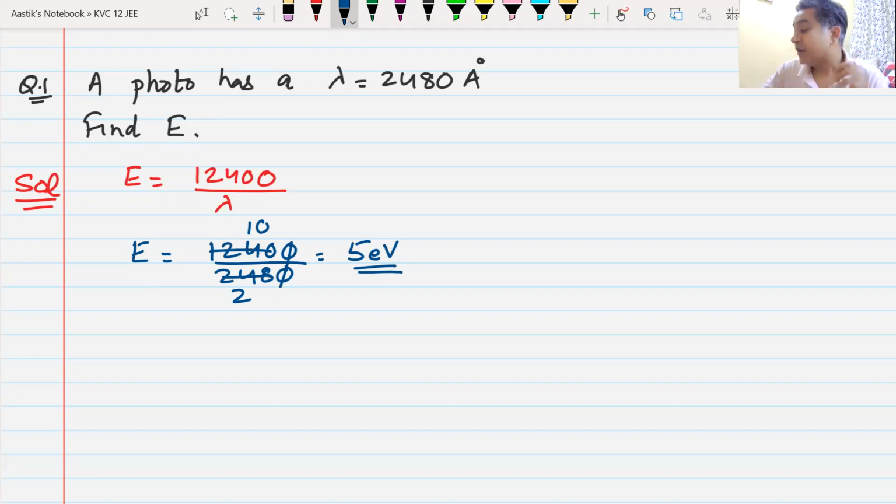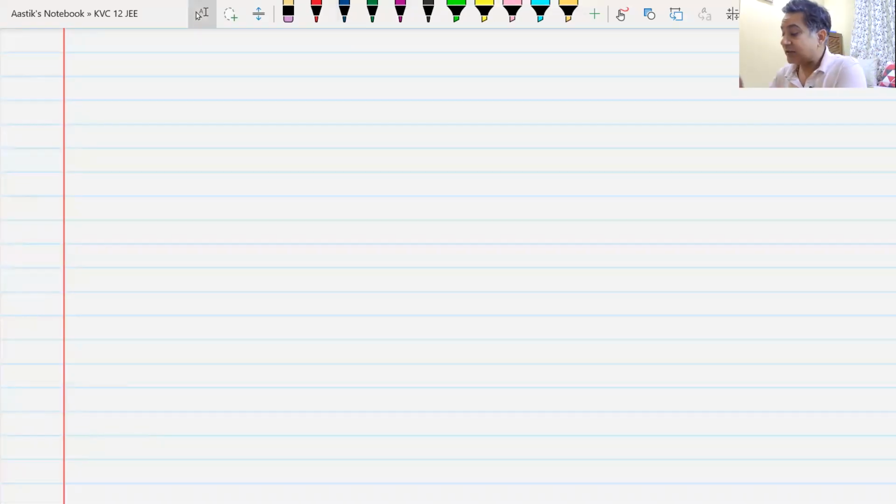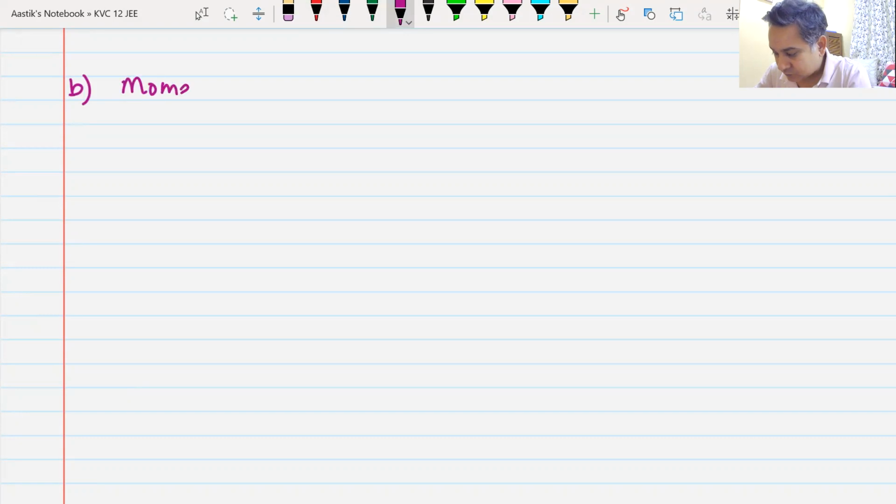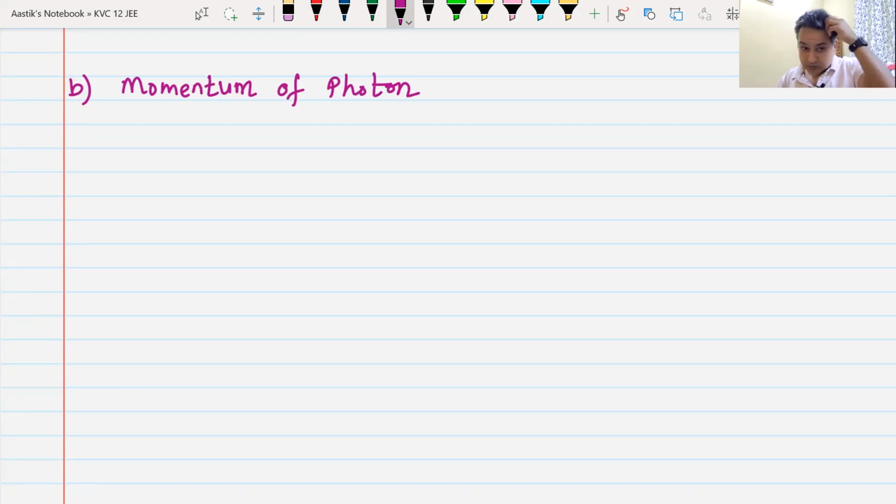Yes, sir. That takes us to the next concept, and all these things are potential questions in themselves. The next concept B: when you're talking about a photon, what is the momentum of a photon? Whenever we talk about a photon, we might talk about the momentum of a photon. How do you find out the momentum of a photon? Okay, it seems like you have prepared this.